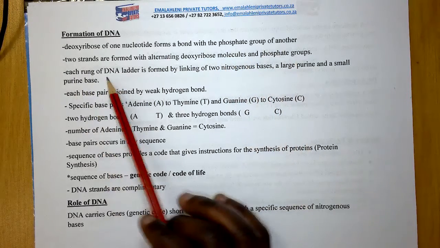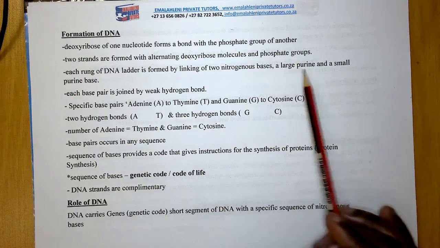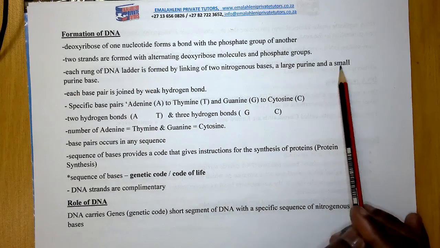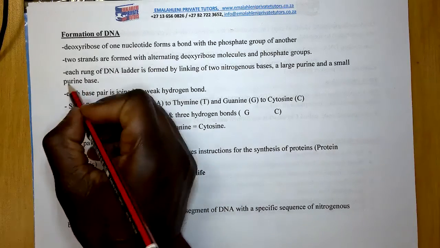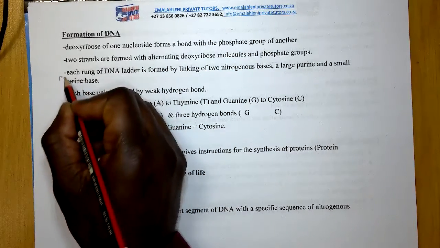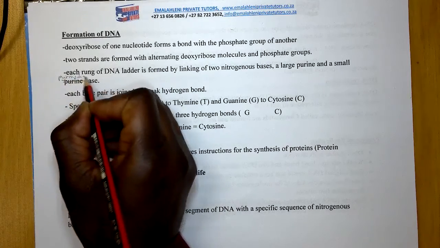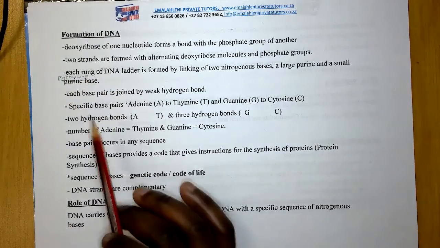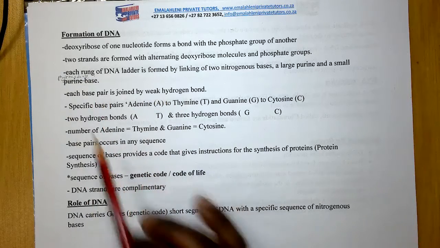Each rung of the DNA ladder is formed by linking of two nitrogen bases, a large purine base and a small pyrimidine base. Then each base pair is joined by a weak hydrogen bond.